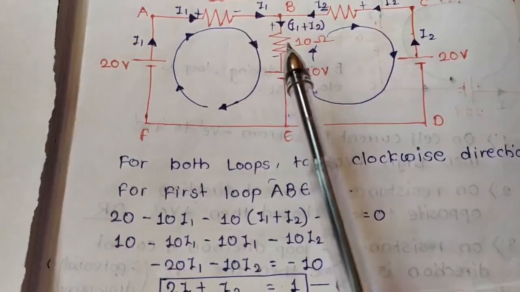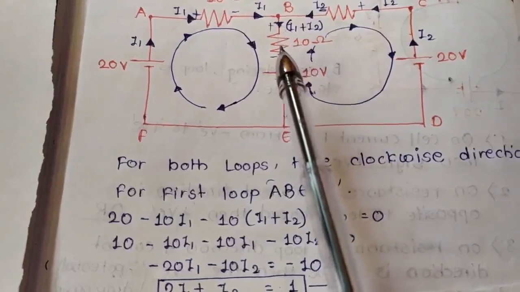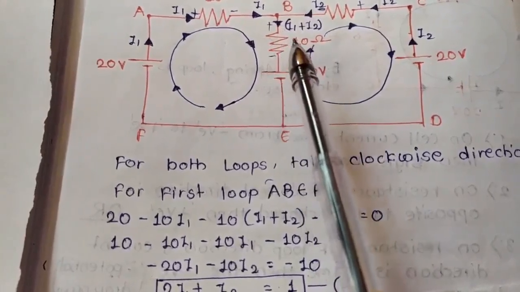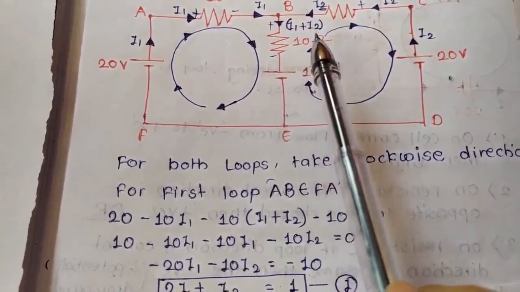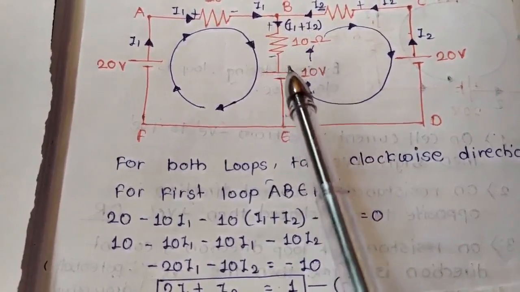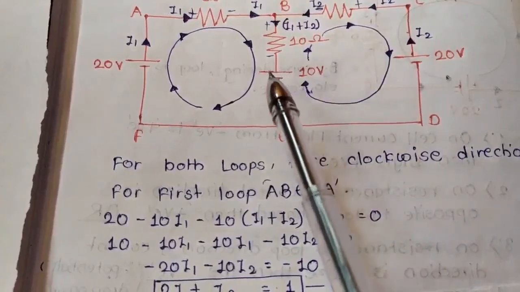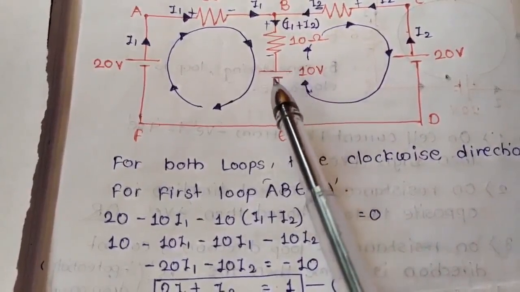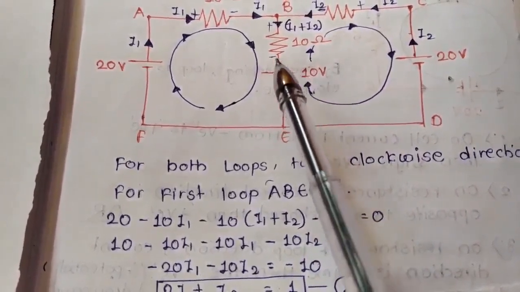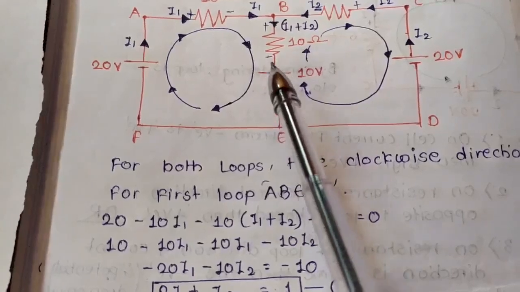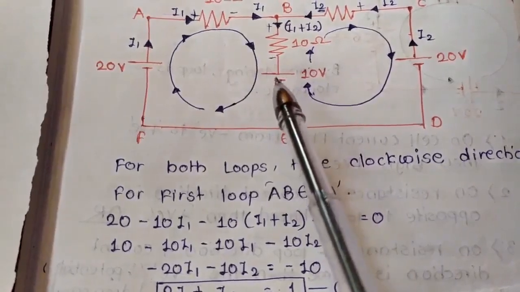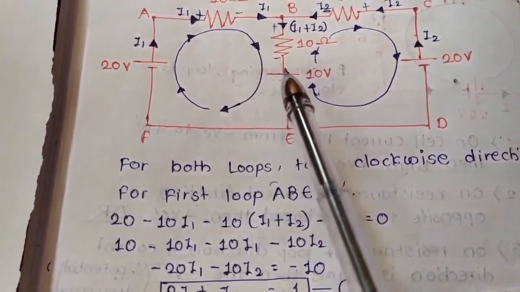Now see, minus 10 into I1 plus I2, here voltage positive to negative, take negative. On a cell, loop direction positive, negative, then take minus.